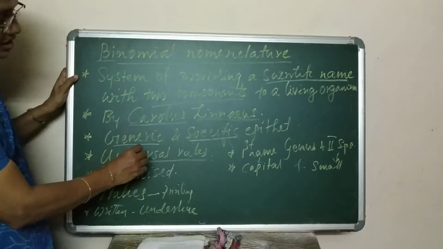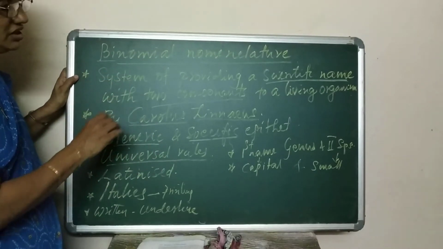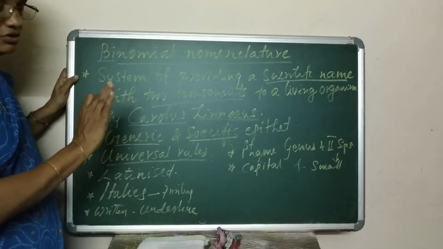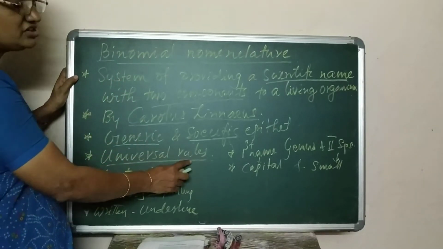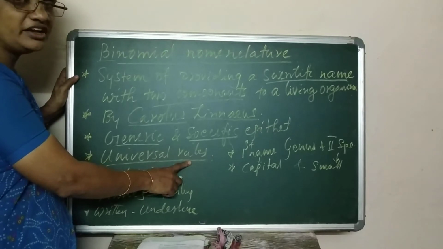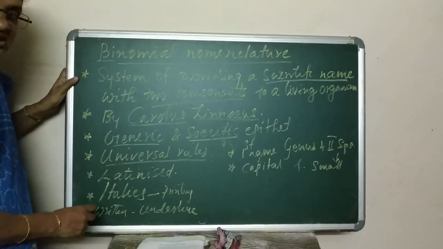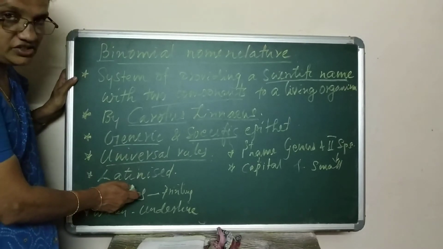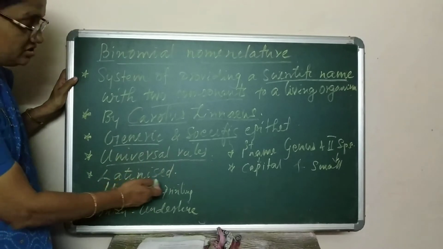Okay, so there are some rules when we write or use the scientific name. These rules are commonly accepted by the universe, and are called universal rules for writing scientific names. Let us see which they are. All scientific names are Latinized. They are written in Latin or their origin is in Latin words.